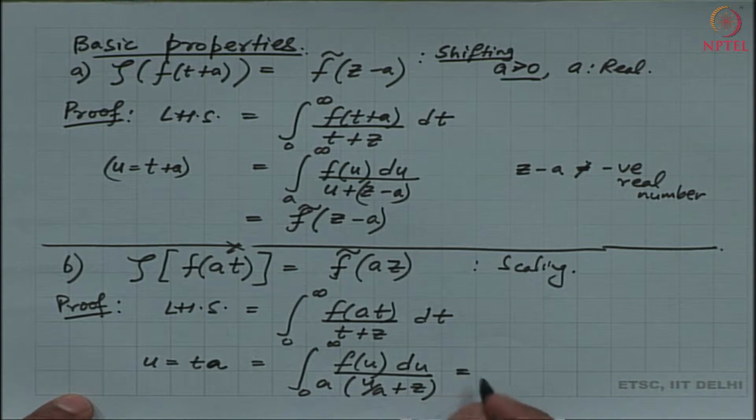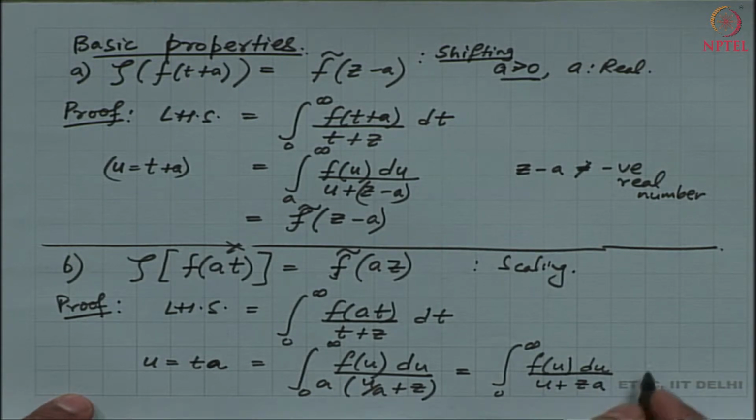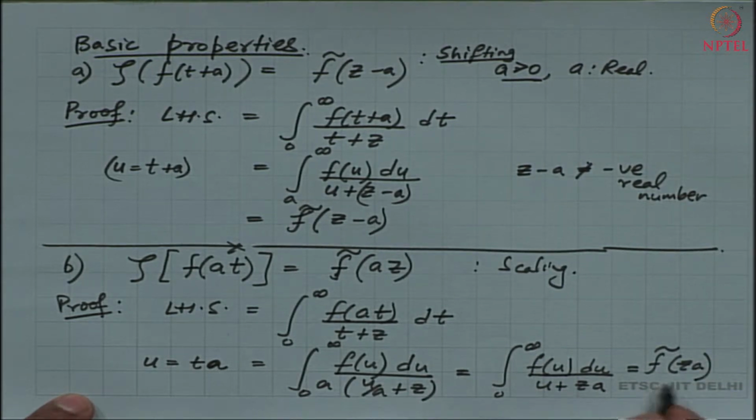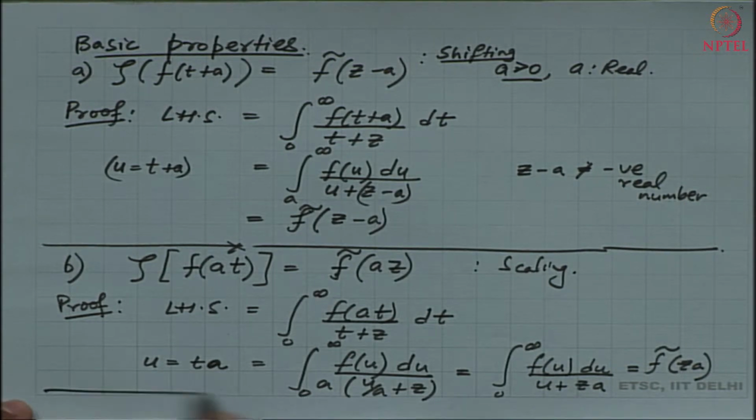After all the simplification, this comes back to the following form: f(u) du divided by (u + za), and this is also equal to the Stieltjes transform of f at the scaled variable za.